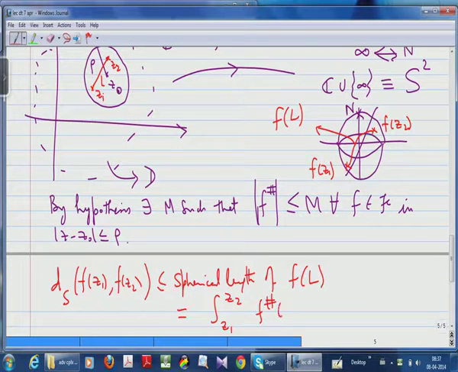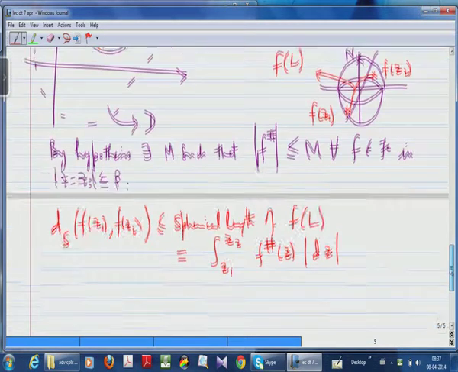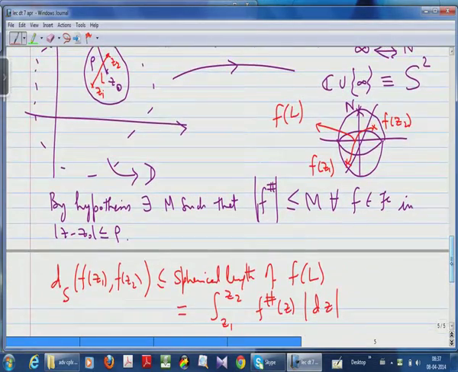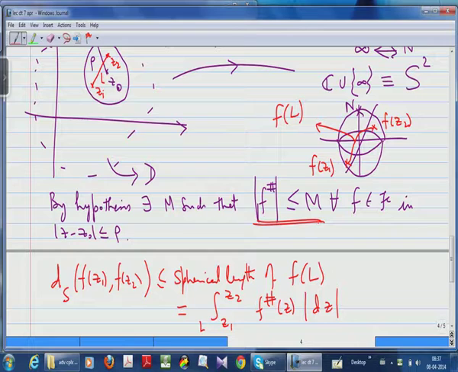So this is going to be just the integral from z1 to z2 of f hash of z mod dz. This is the spherical length. This integration is along the straight line path L from z1 to z2, and that path lies inside this closed disk, and on this closed disk all the spherical derivatives are bounded by M. Mind you, the spherical length is always a non-negative real number.